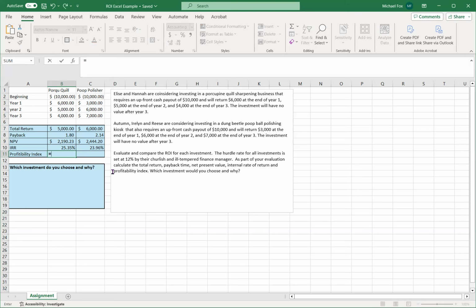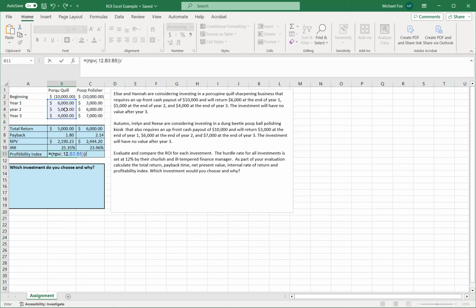And so I'm just going to do this equals NPV for net present value, do the rate, highlight these three, and then I have to divide it by the initial investment.